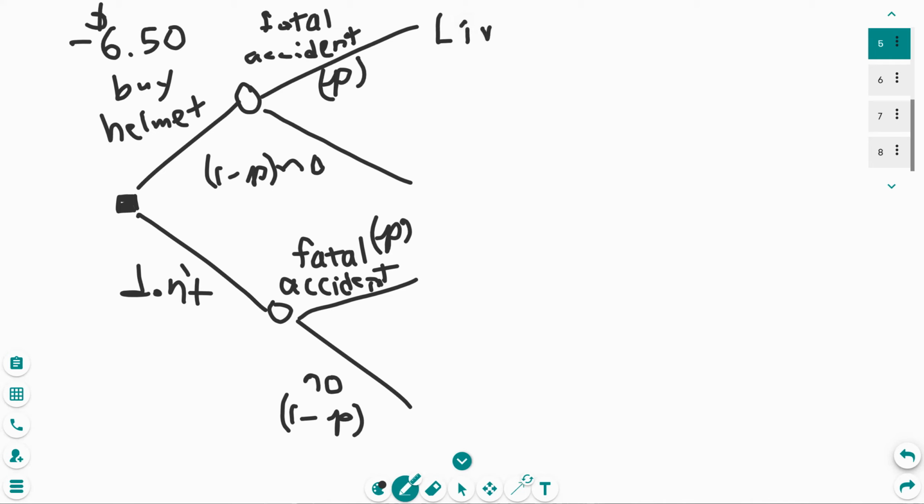So in this case, we live. If we get in a fatal accident and we get the value of being alive, the payoff to being alive. If we don't get in a fatal accident, we also live, and we get the payoff to being alive. I'm going to call that payoff to being alive V.